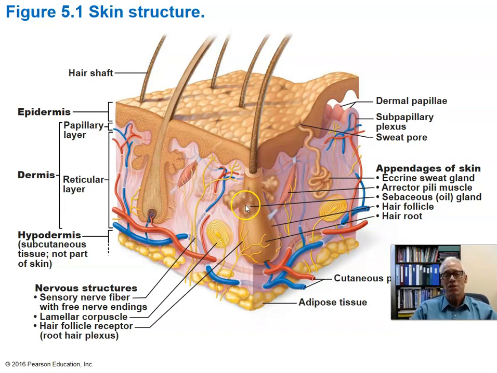The sebaceous glands are associated with the superficial most part of a hair follicle, and they secrete a lubricating oil, which is sebum, which will enter the hair follicle and then lubricate the hair shaft and soften and lubricate the skin surface.